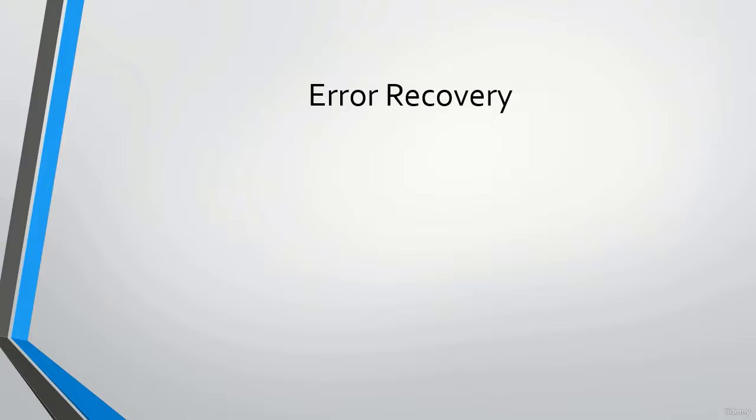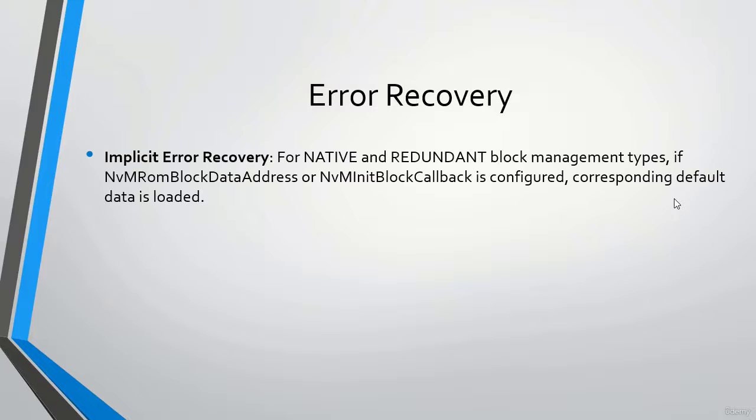Now let's discuss error recovery. We have three types of error recovery, of which the first one is implicit error recovery. This is used for native and redundant block management types. To use this, we have to configure either the NVM ROM block data address or the NVM init block callback.